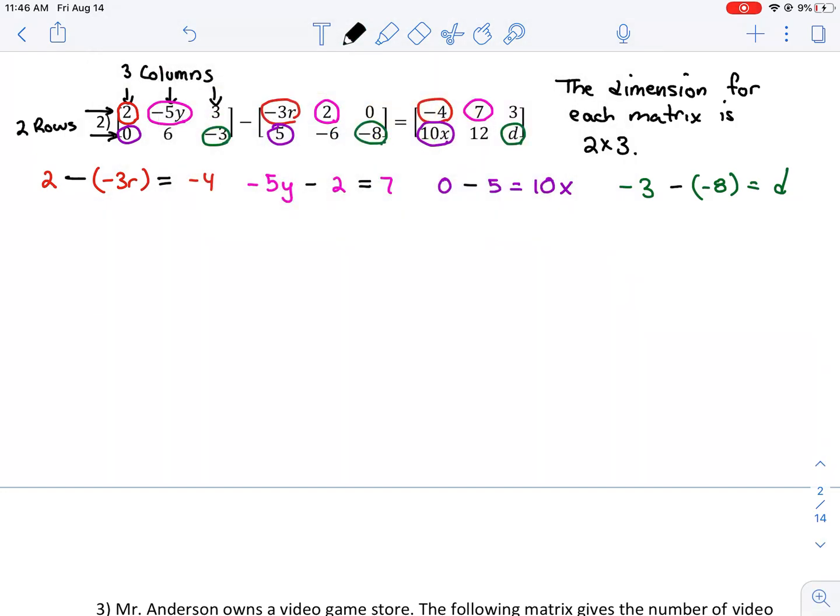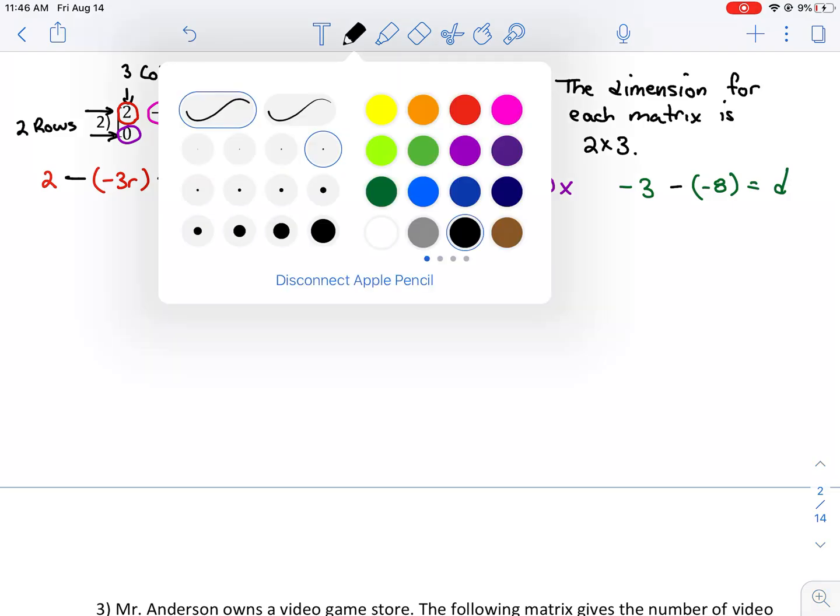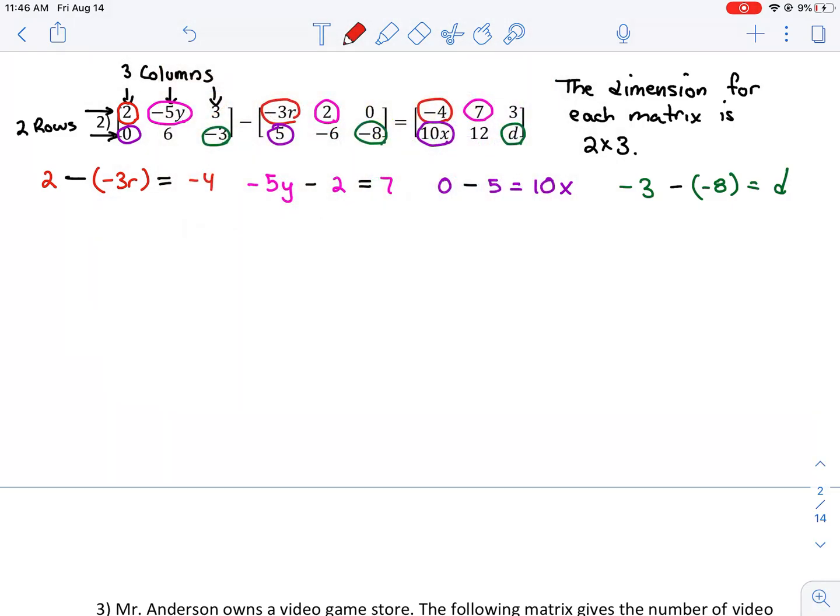Okay, now that we have each of the equations, let's go ahead and solve them. Starting with the equation in red, 2 minus negative 3r is 2 plus 3r. Subtracting 2 from both sides yields 3r is equal to 6, so that r is equal to 2.